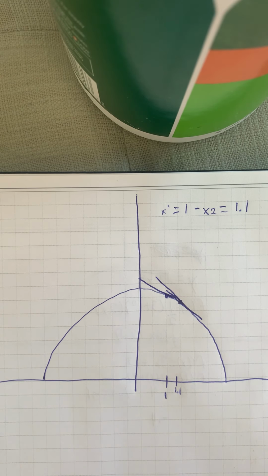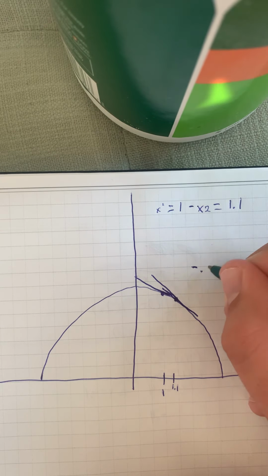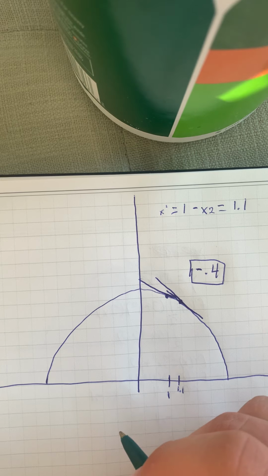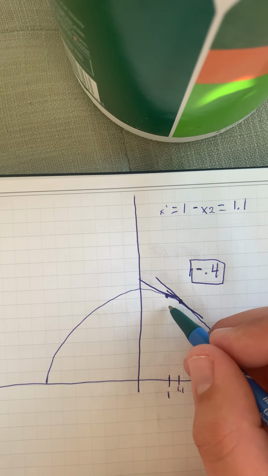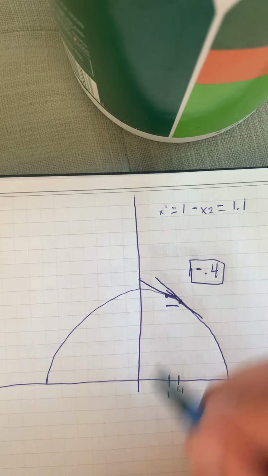So essentially our final answer before, which was negative 0.4, shows the error in between the slope of the tangent line between 1 and 1.1.